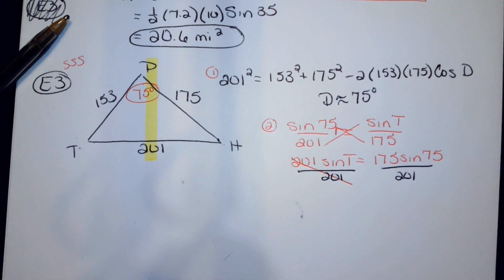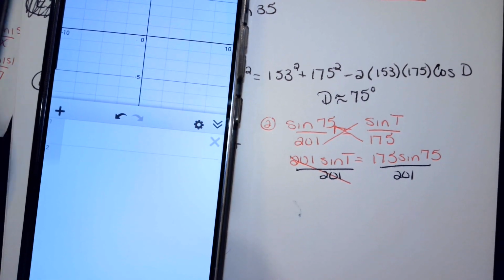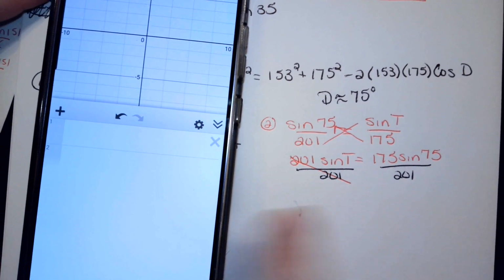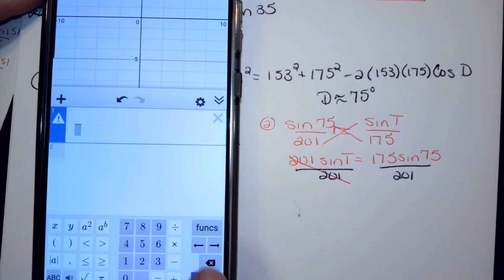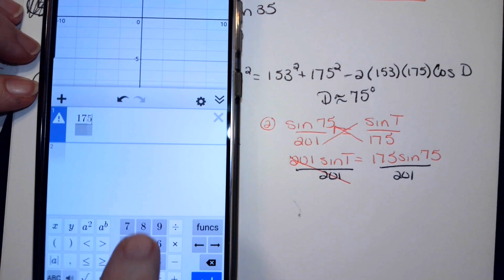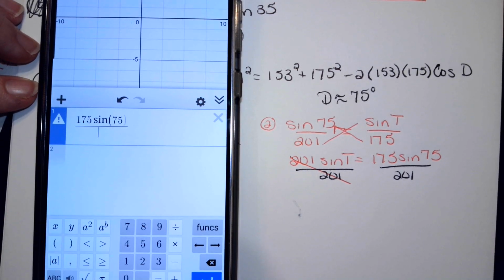All right, putting this into the calculator. I've got a fraction here, so I'm going to just go ahead and throw in my fraction. Hit that division and put my fraction there: 175 times the sine of 75 over 201.